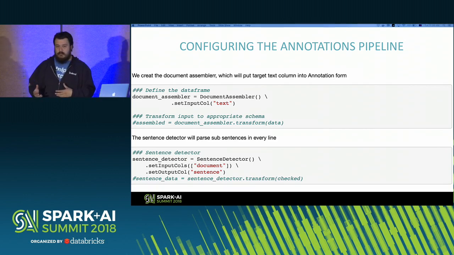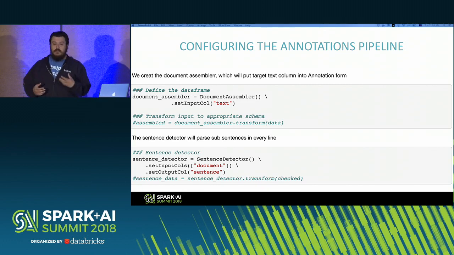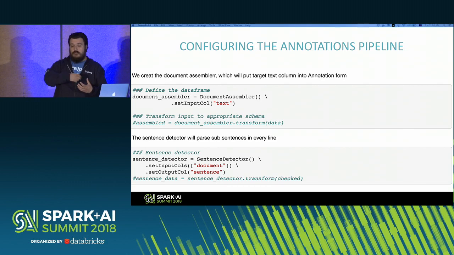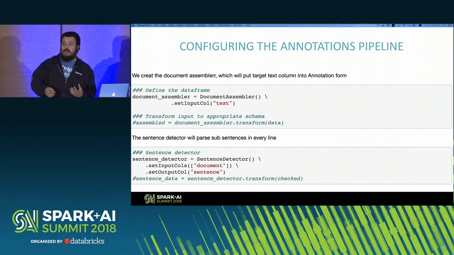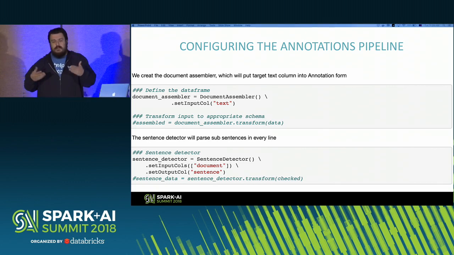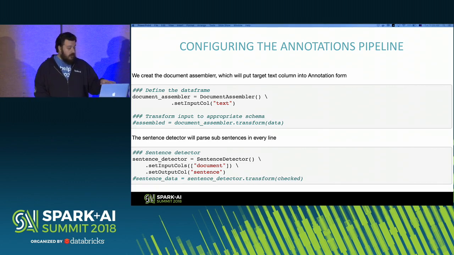In an annotation-based library, something like GATE or Spark NLP or spaCy, you have this idea of a document that contains text, and as it goes through your different processes, it adds the annotations, which are the things you found, tokens, sentiment, what have you, into the document. So the document assembler takes your text and builds a document for you, so you can send it through the pipeline and add all your other stuff to it.